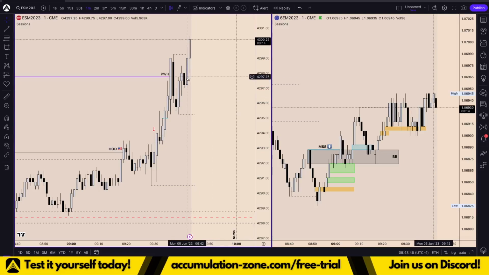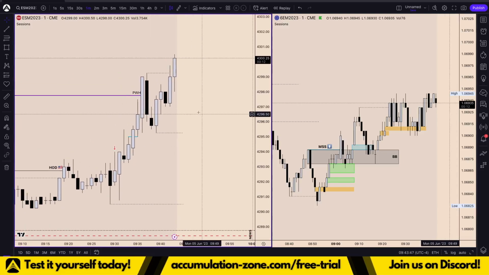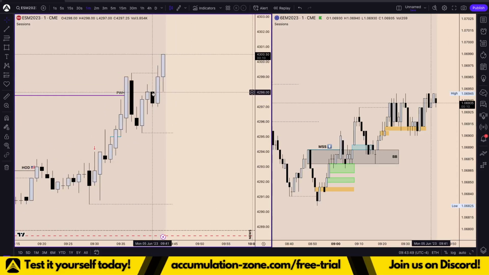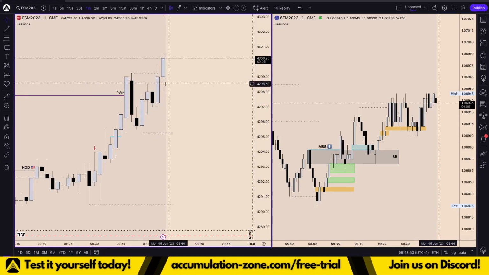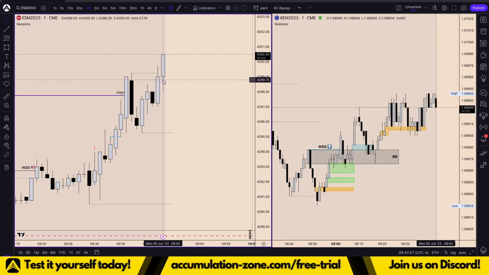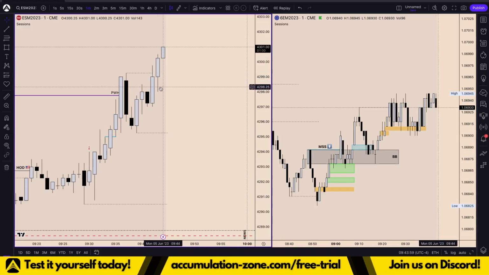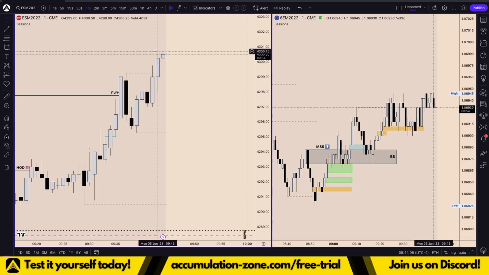Immediate rebalancing of this candle. Do you see it? We had this down close candle with the high right here. A bullish engulfing and not leaving behind any fair value gaps. With the open of this candle, we retraced, repriced in this candle efficiently and continued back up higher. That's always a strong sign.